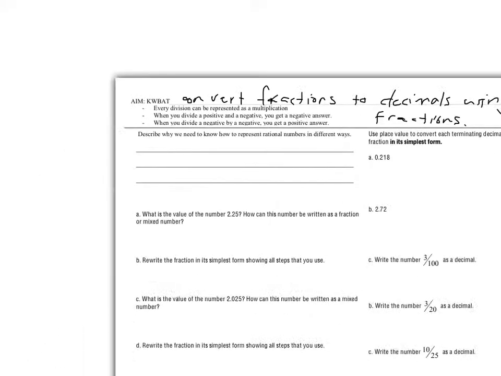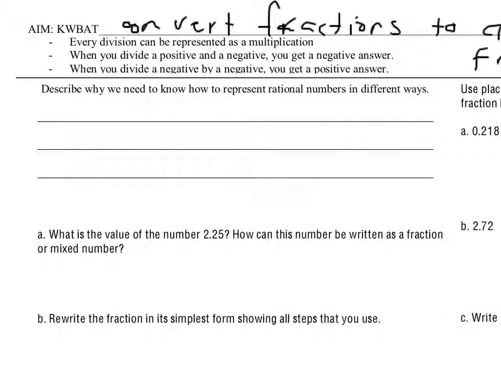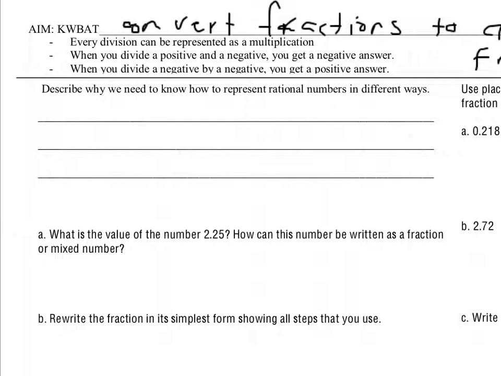So quickly summarize what I just said about describing why we need to know how to represent rational numbers in different ways.